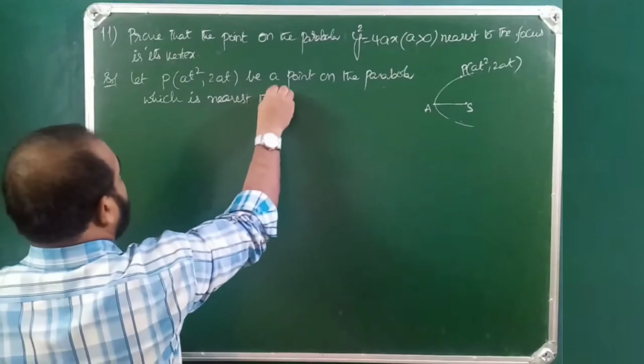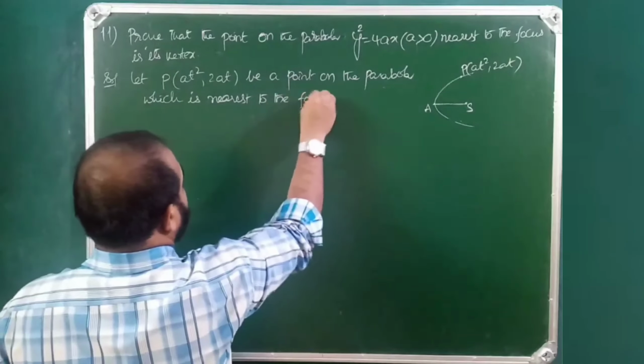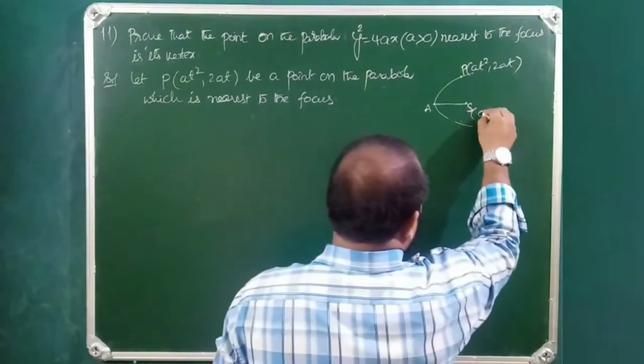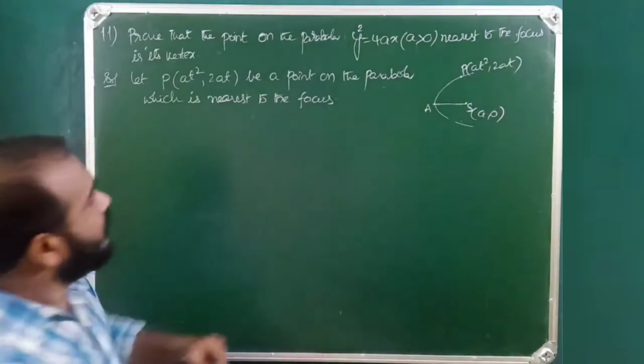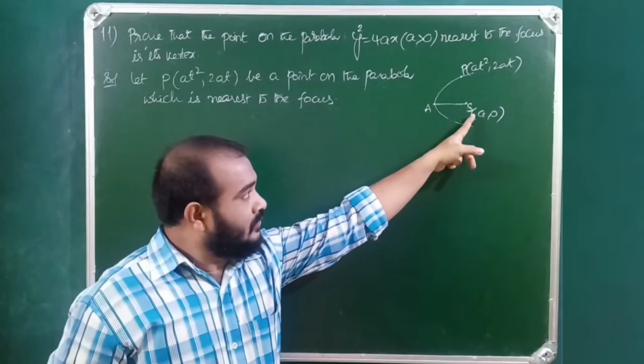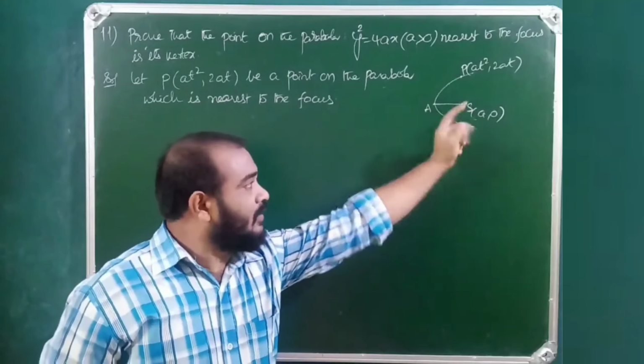Now S is a comma 0. For the parabola y square equals 4ax, the focus is S a comma 0.